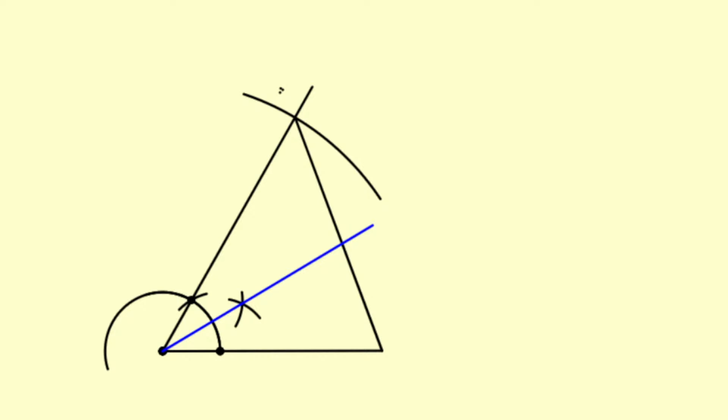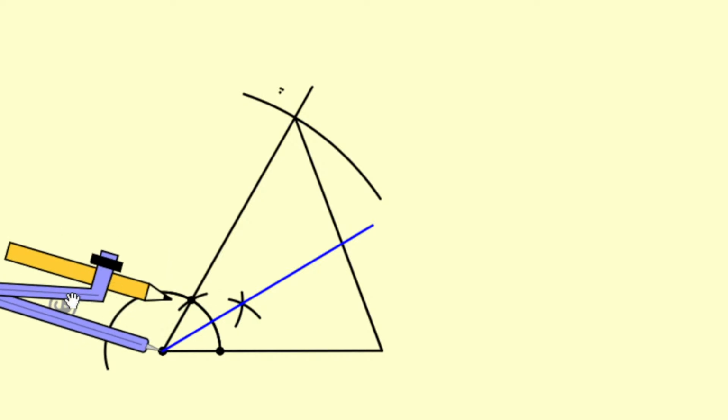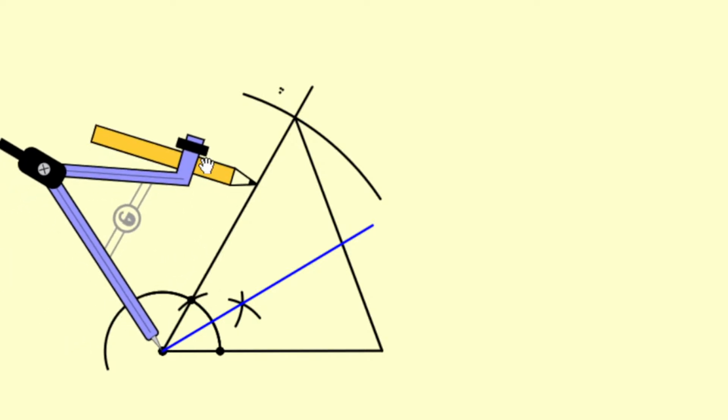Second one, locus of the point which is equidistant from points A and B. I have told you earlier also, for that we need perpendicular bisectors. So let us draw the perpendicular bisector of AB. So this is line AB. I have to open the compass more than half.